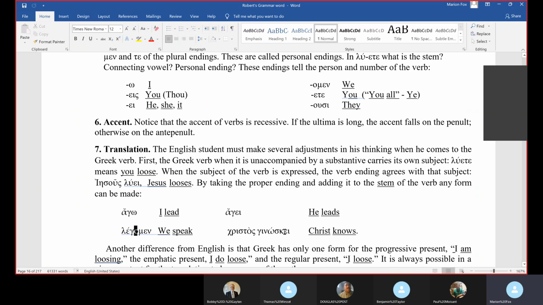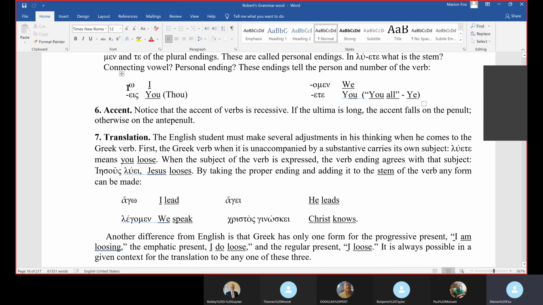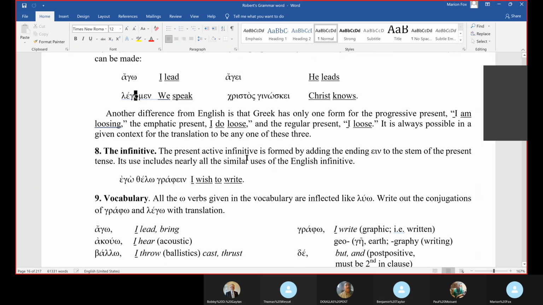We have the epsilon iota ending. That would be he, third person singular. If I wanted to make this I know, of course, we wouldn't have the subject this way. It would just be sko. We just drop the epsilon iota and put an omega. That would become I know. All right? Any questions?